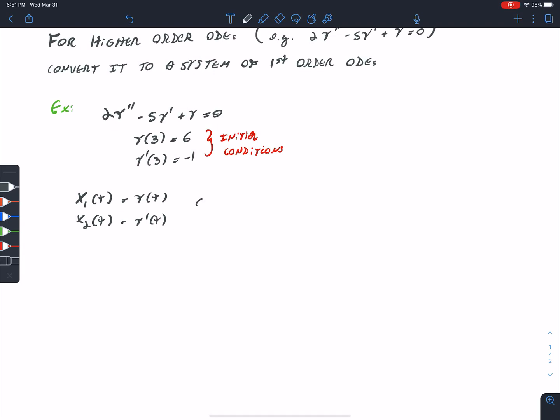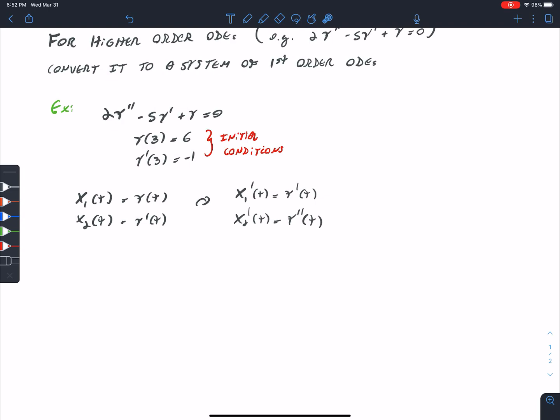If we take this now and differentiate these variables with respect to t, we have x1 prime of t, which will be y prime of t. And we'll have now x2 prime of t will be equal to y double prime of t, where we can take y double prime from this definition here, right?